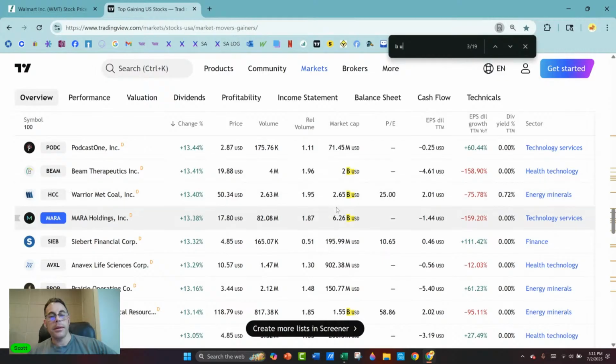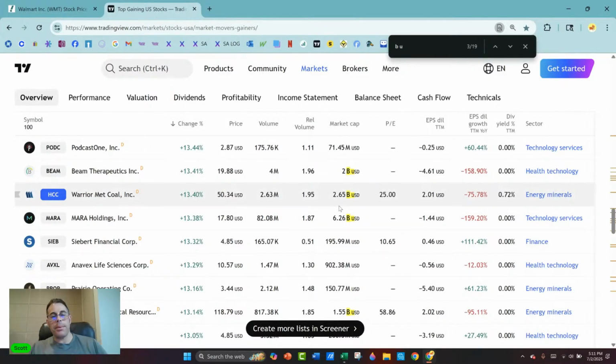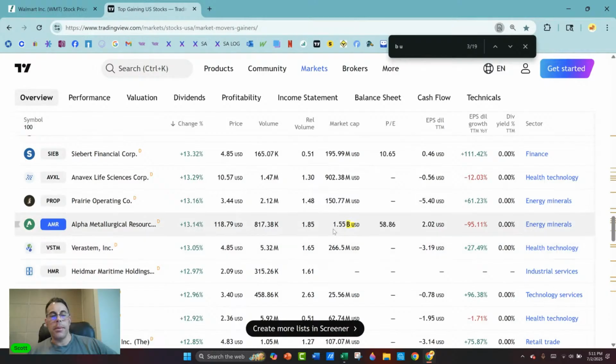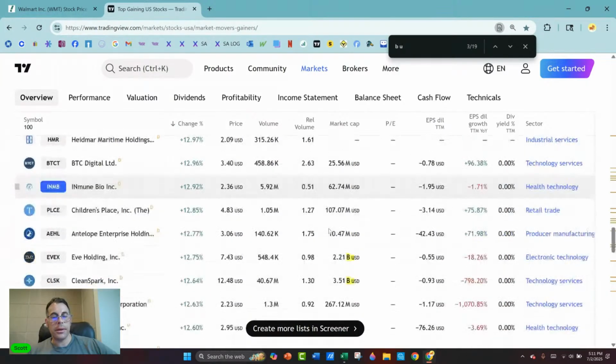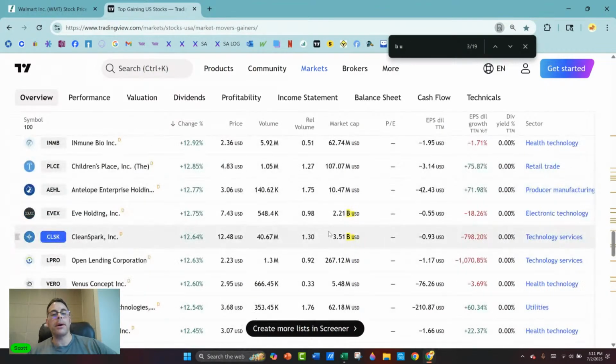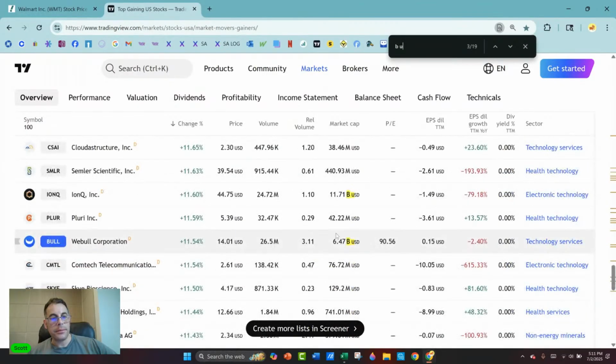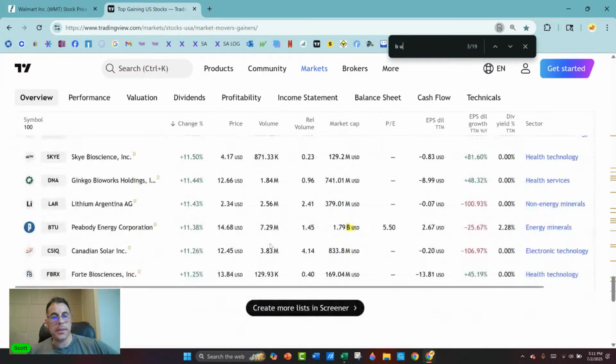Mara. Well, Bitcoin went up a lot today, so of course, mining companies are going to go up as well. CleanSpark, I did a video on CleanSpark before. IonQ, Webull. Webull has been pretty volatile lately, right? Some big movements.